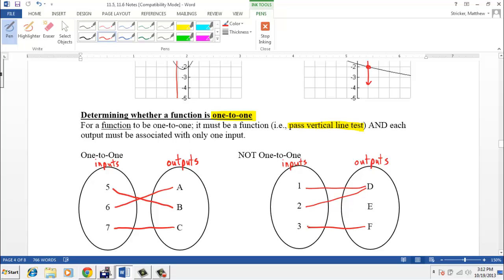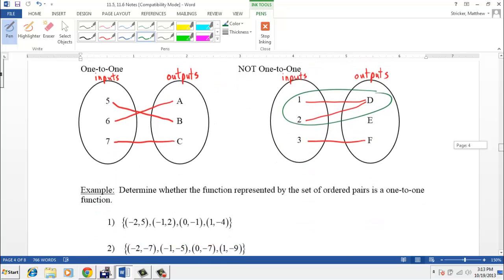The problem here is this part right here. Here we have an output of D associated with 2 different inputs. And we'll see why that's a problem in a little bit, but as far as a function being one-to-one, that can't be the case. So this is an example of a function that is not one-to-one.